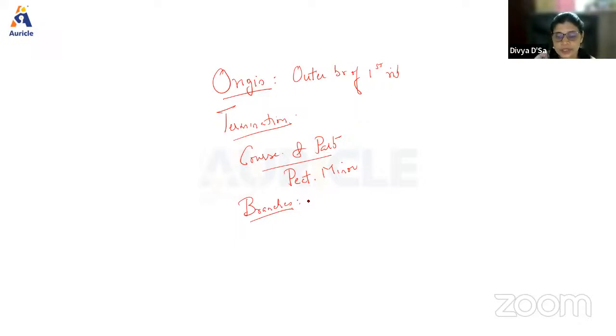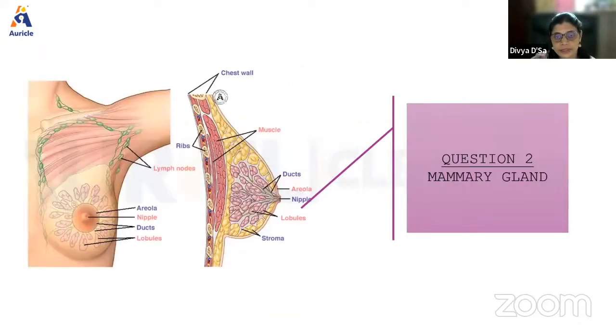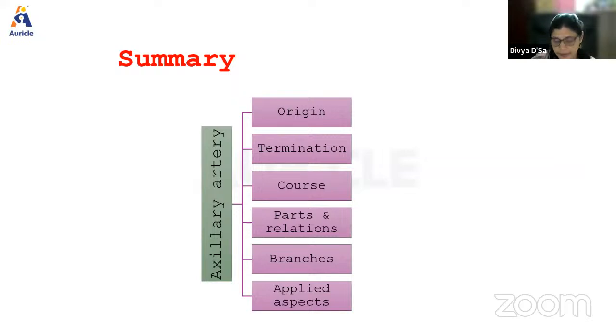So it's an MCQ again. So for branches you mention those of the first, the second, and the third part. Okay, and you write the area of supply. Right, so that is how we summarize the artery. Okay, so next relations. Yeah, relations also you need to write about the first part, second part, and the third part.